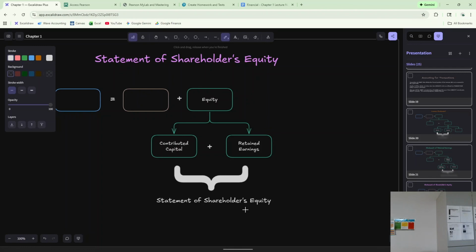There's a lot of complexity in this, but if you're an owner of a company, that's really what you care about, right? How much your ownership stake is worth. So this is a statement of shareholders' equity. It's going to give you basically the ending equity balance.